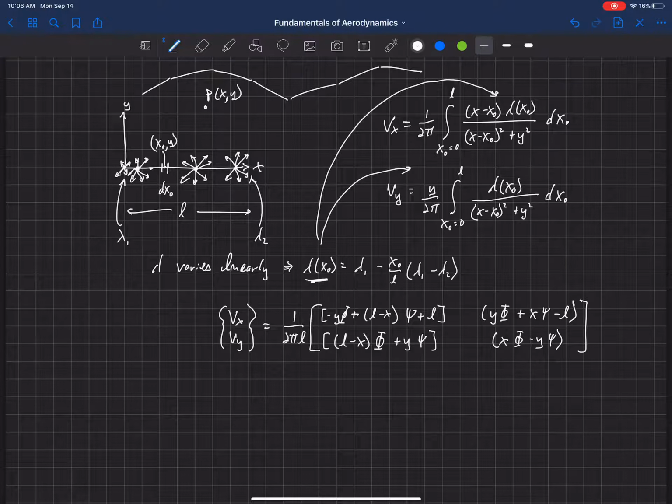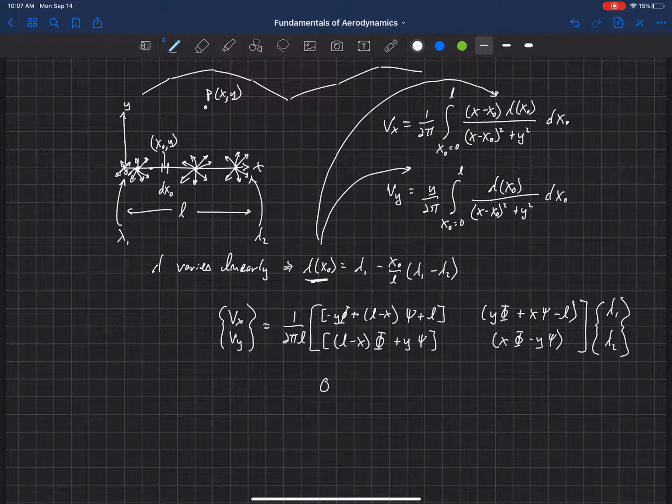And then this is all multiplied by lambda 1 and lambda 2. This is just a linear algebra way of looking at this, where we can now get the velocity in the x direction and the y direction. It's this matrix in the middle times lambda 1 and lambda 2, so it just scales by the strength there.